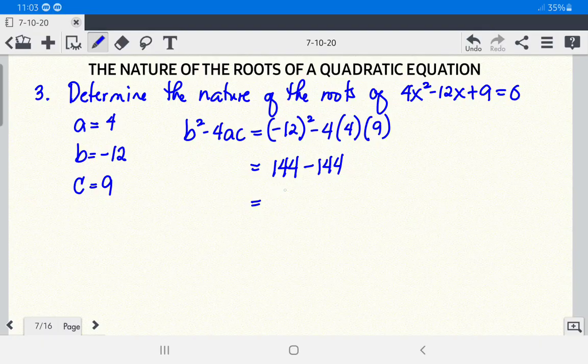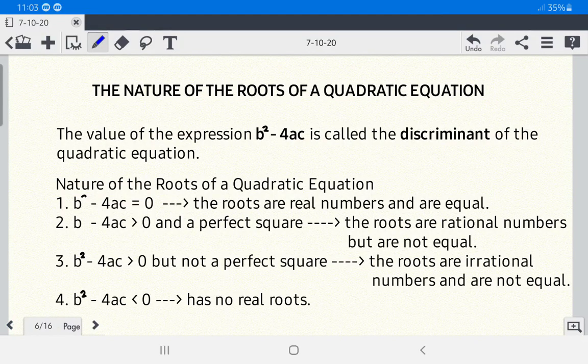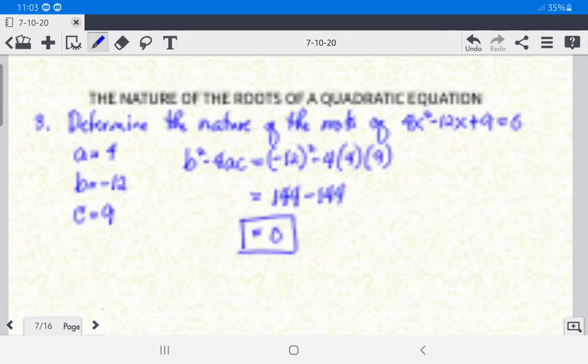Now, 144 minus 144, that is 0. Now, going back to our concept, if b squared minus 4ac is equal to 0, then the roots are real numbers and are equal.